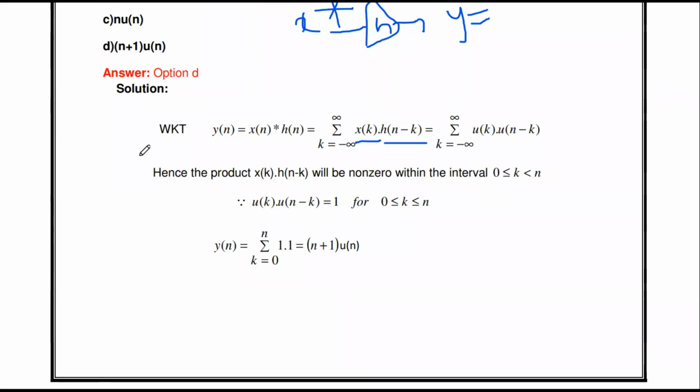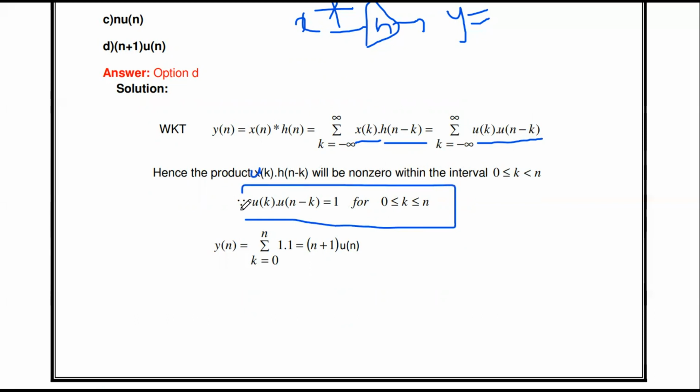Already you know this product: the multiplication of the two signals u of k and u of n minus k will be equal to 1. You just remember this.